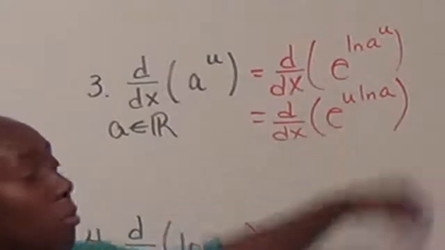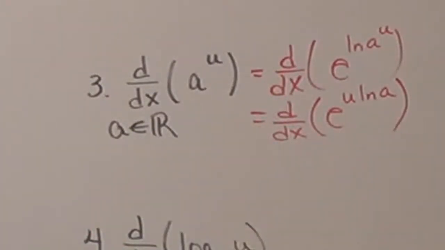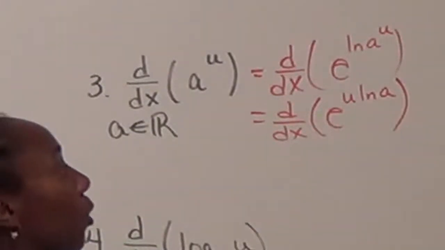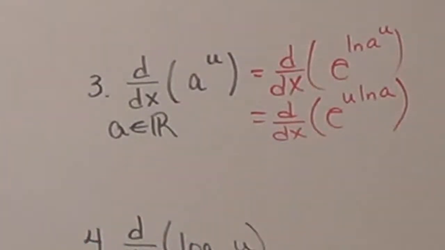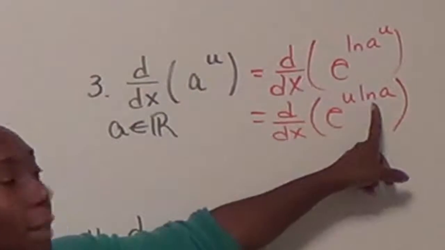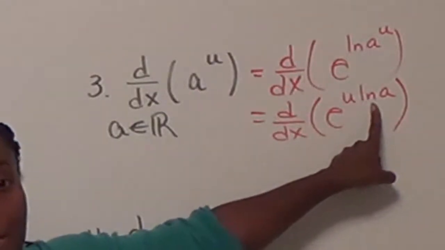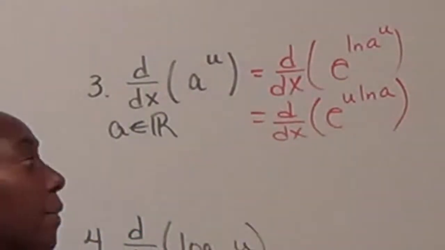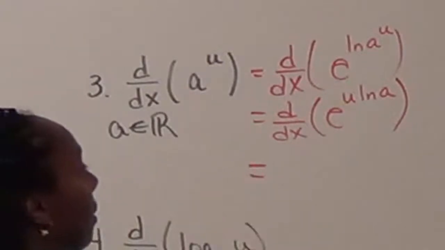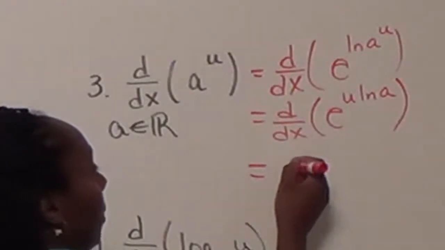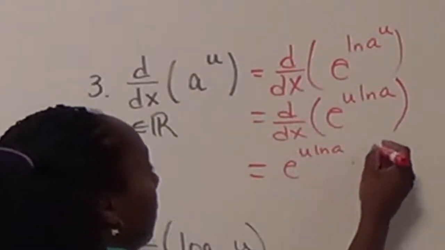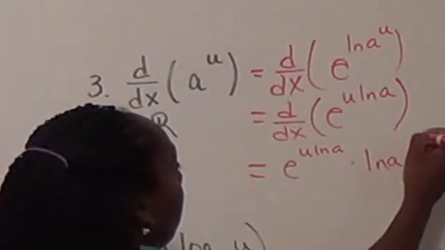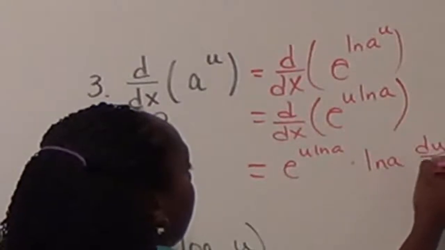And we already see that the derivative of e to the u is e to the u. So e to the u natural log of a. But more importantly, because of that derivative of u using the chain rule, we see that we're going to take the derivative of u with respect to x and have a natural log of a in there. In other words, this is going to simplify down to e to the u ln of a times du dx.